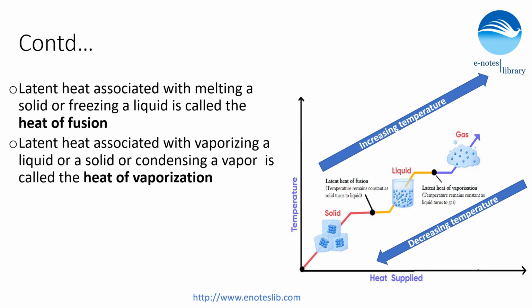Let me answer this question. It is because at 0 degrees Celsius, ice converts into water by gaining latent heat. So water has more latent heat than ice at 0 degrees Celsius, due to which ice shows more cooling effect than water at 0 degrees Celsius.